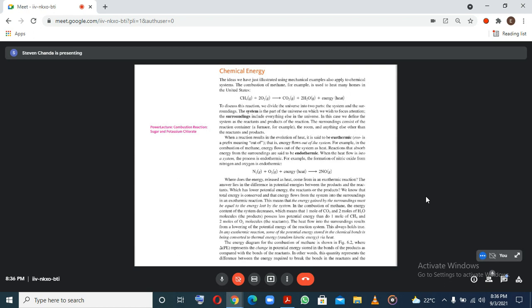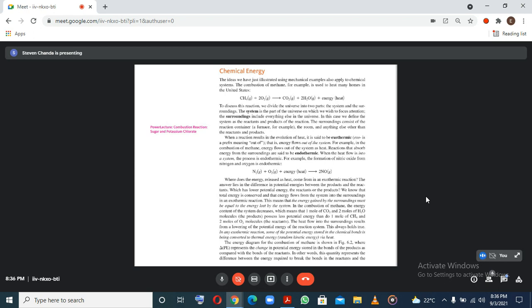So when we're dealing with thermochemistry, we always divide everything that's happening into the system and the surroundings. So, when we say the system, it is the part of the universe on which we wish to focus our attention. Let's say we are focusing on this reaction of the combustion of methane.